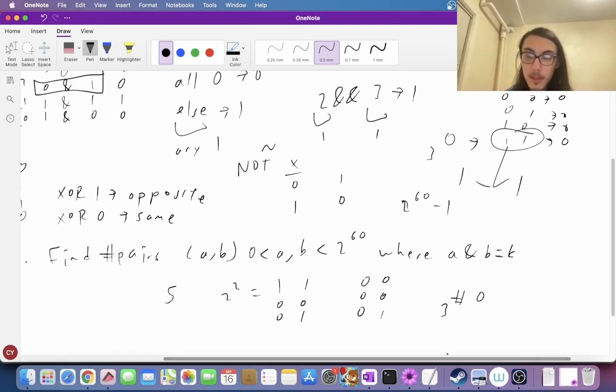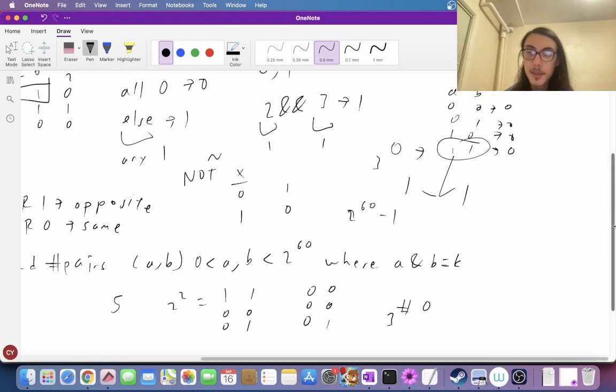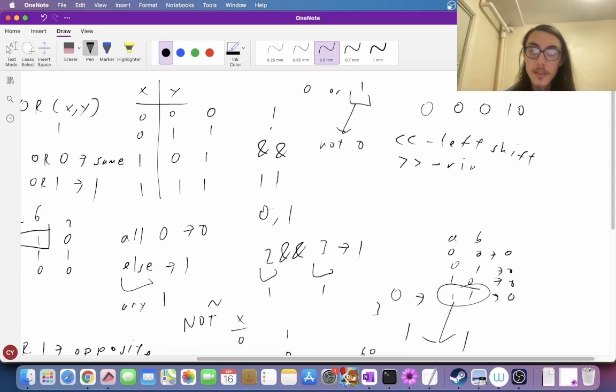One final part is bit shifts. And bit shifts are sort of simple. Essentially what they do is they shift all of the bits by some specific number. So for example, say I had the binary string 00010, and there is a left shift and a right shift.